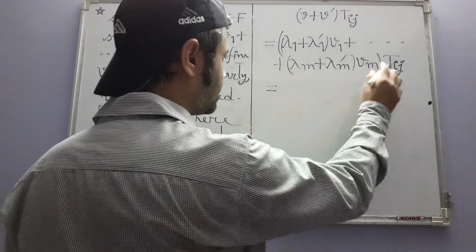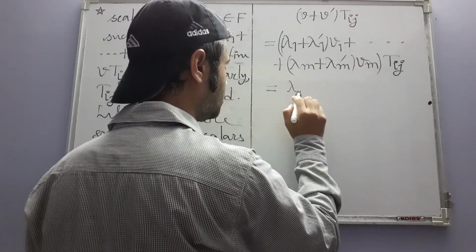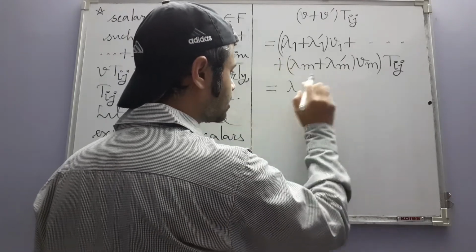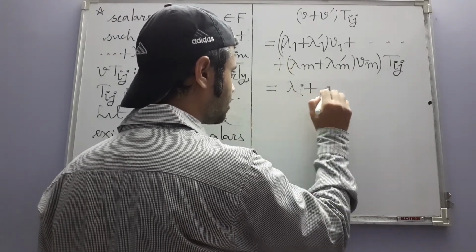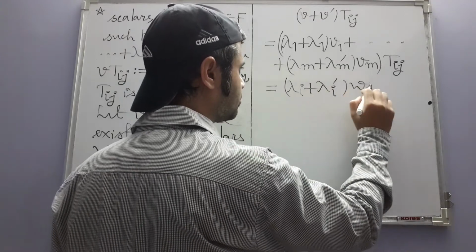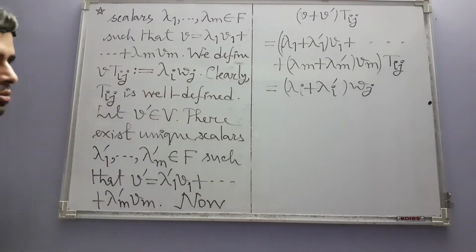So now we apply the definition of Tij. So this becomes, so we are going to take the ith coefficient, ith scalar, that is lambda i plus lambda i prime, wj. So we have just simply applied this definition here.